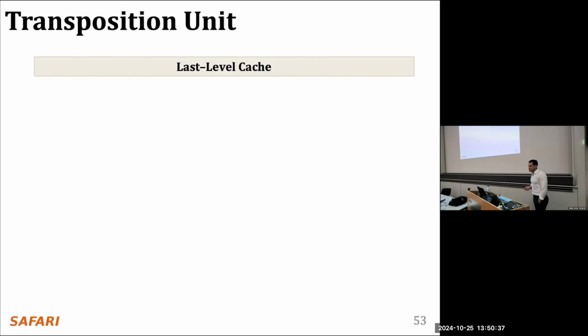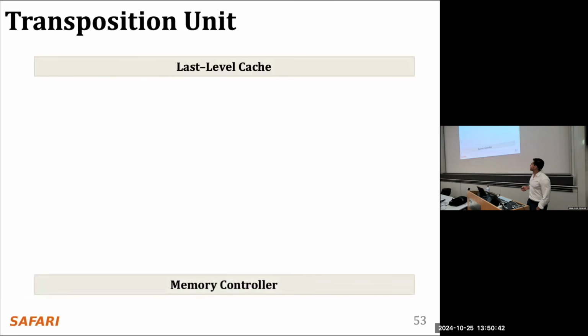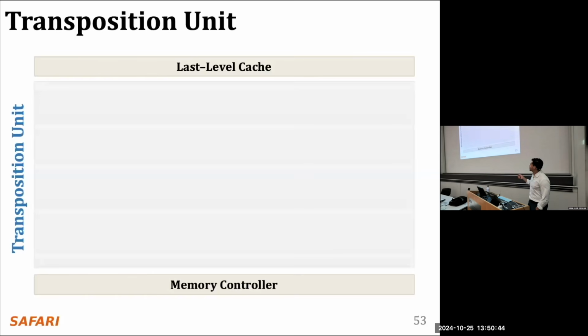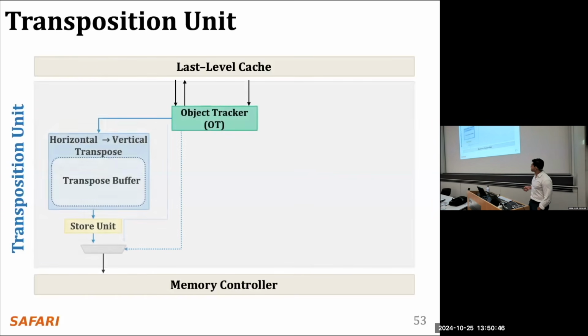And to do that in an efficient way, we implement this transposition unit that sits between the last level cache and the memory controller, and basically tracks objects or memory addresses that are going to be used later on for processing using DRAM operations during the cache line eviction path.